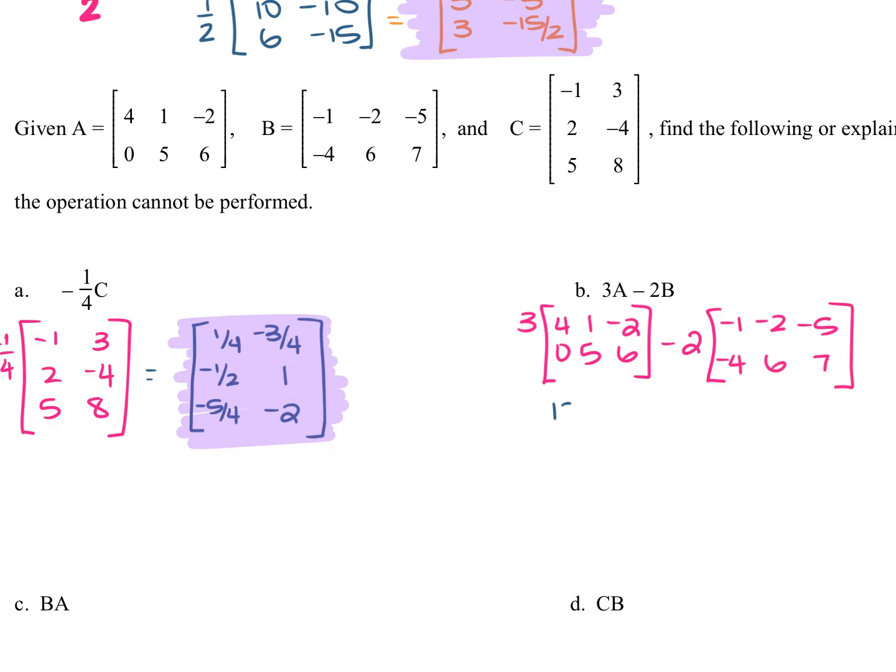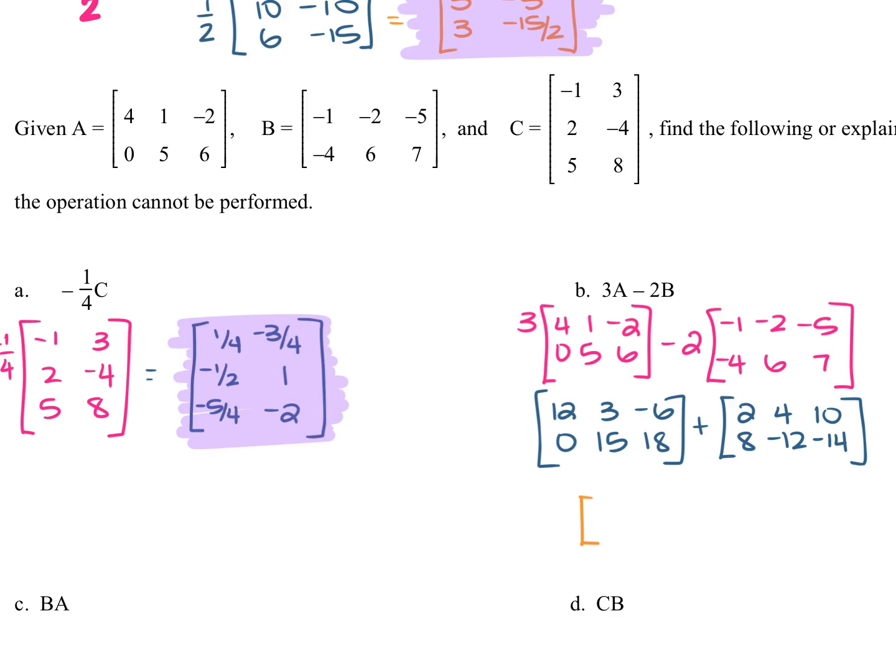So it's going to be 12, 3, negative 6, 0, 15, 18, plus 2, 4, 10, 8, negative 12, negative 14. So this is going to leave us with 14, 7, 4, 8, 3, 4.